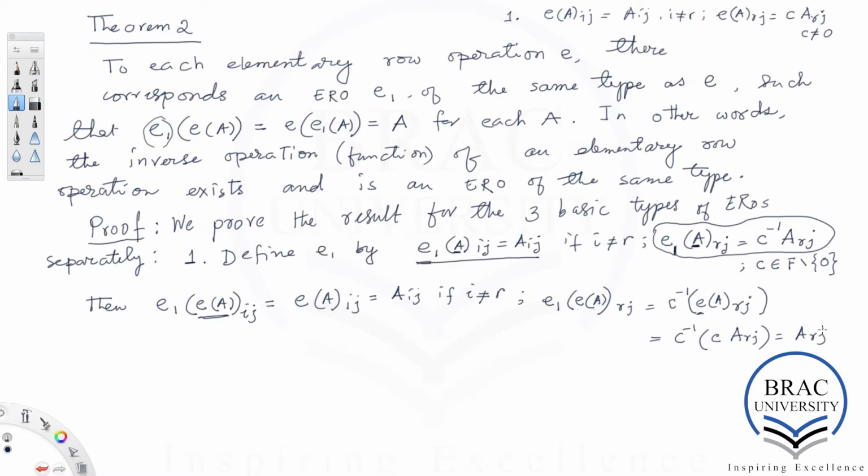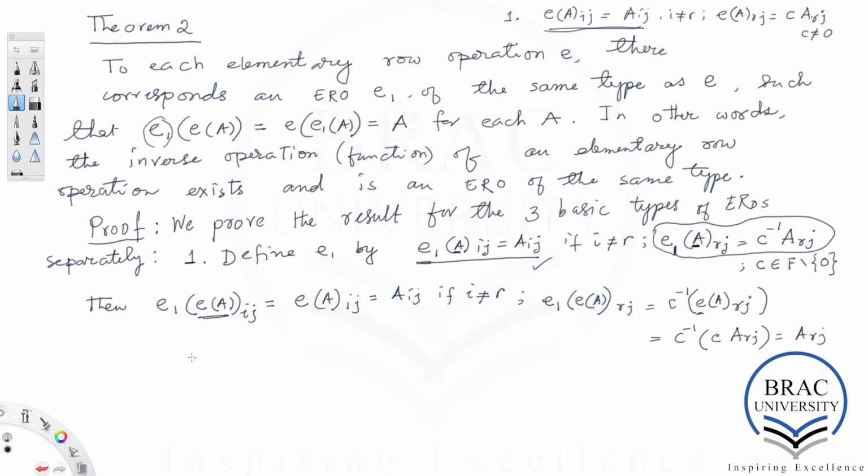So let me repeat: E1 of E of Aij is equal to E of Aij using this definition, and E of Aij is equal to Aij using the original definition of this type, where i is not equal to r.